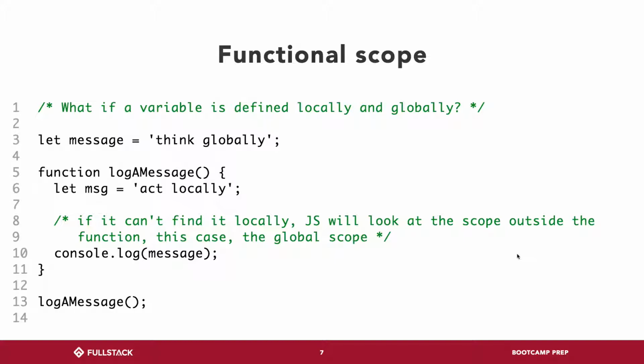So if we try to console log message, it would give you a reference error that message isn't even declared. But let's see. Yeah, it says think globally because again, outside in is fine, inside out, not fine.